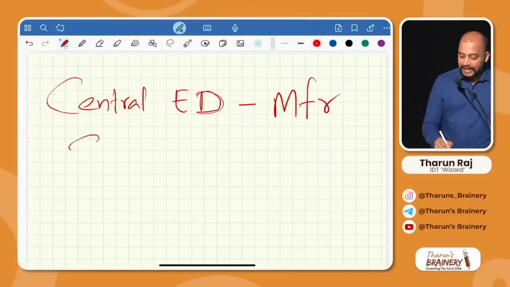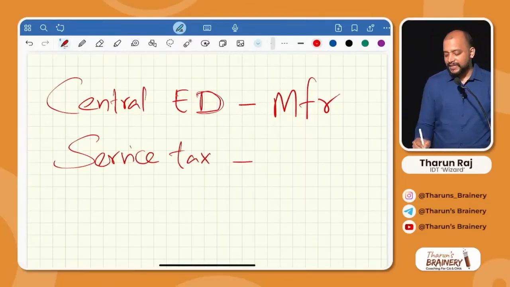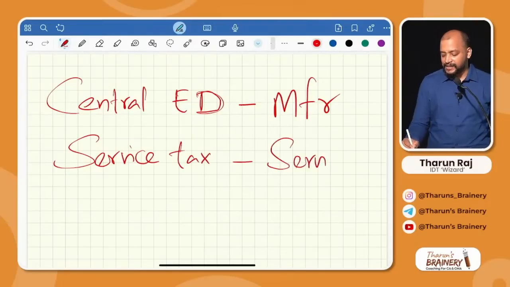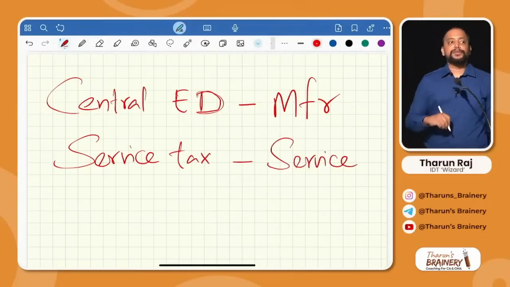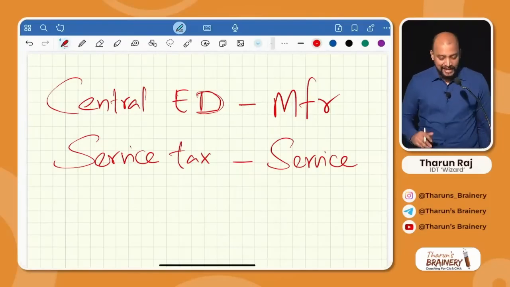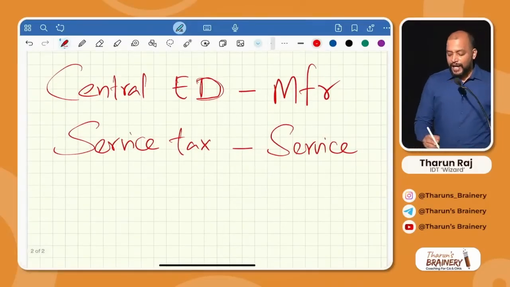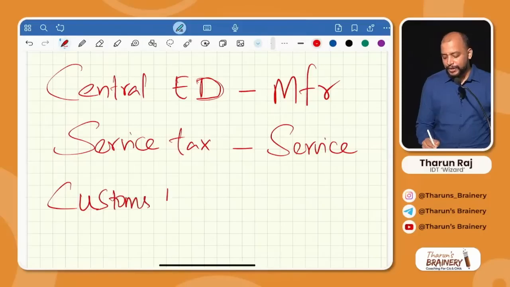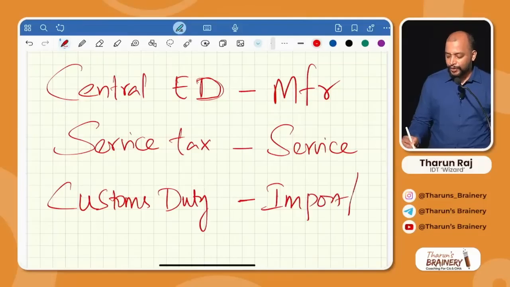Then service tax: whenever there is a service provided by one person to another person, service tax used to be there. Then on import or export there used to be customs duty.